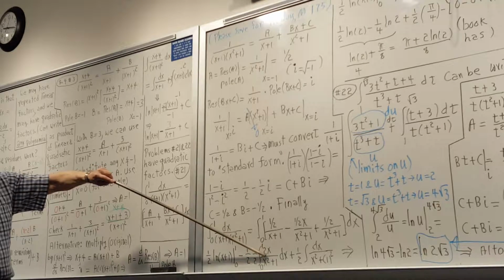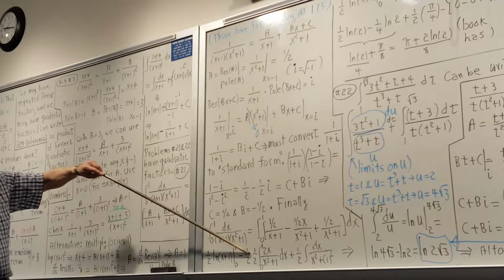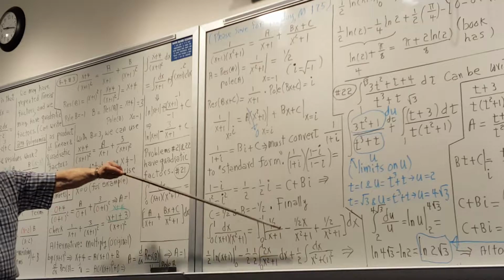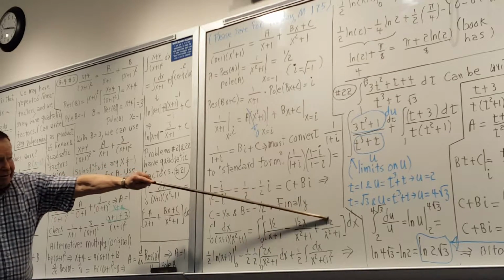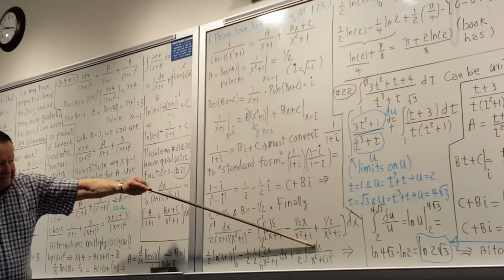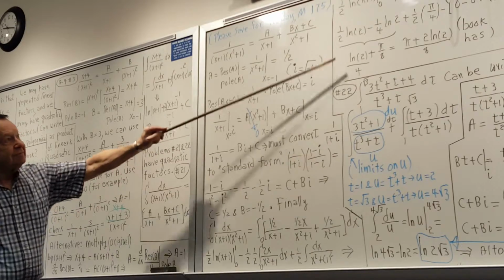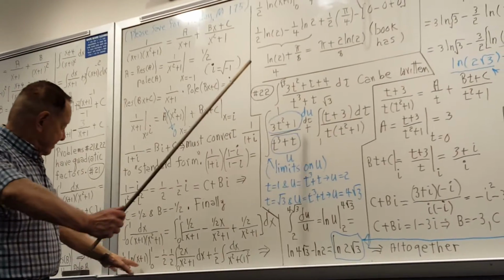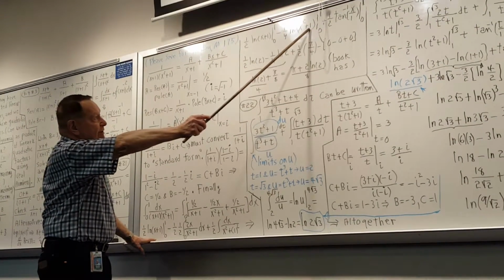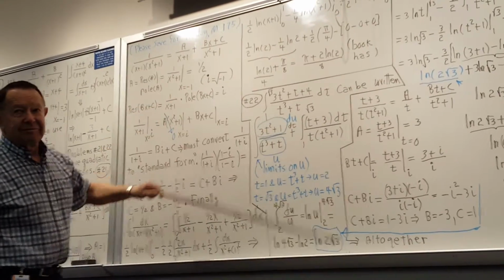So the integral is going to be this minus 1/4 log x squared plus 1. And then for the third term, I have the 1 over x squared plus 1, and that'll be arctangent. So I have my half log, my 1/4 log x squared plus 1, and I have half arctangent.